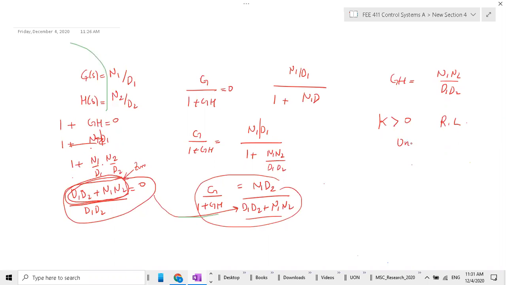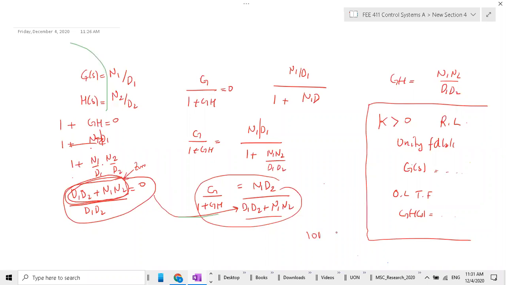So I'll either say unity feedback with open loop G of S, or I'll say open loop transfer function as G of H equals blah, blah, blah, like that. So if you practice this, you'll have something like 10 marks. And maybe from root locus, you have another 10 marks. I normally don't give exam questions on reduction of block diagram.